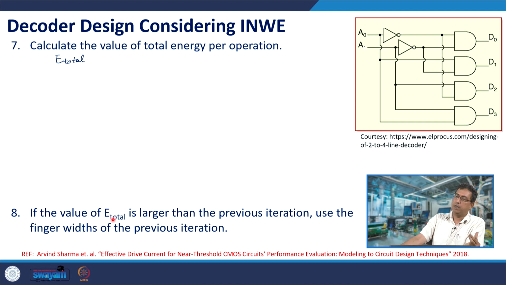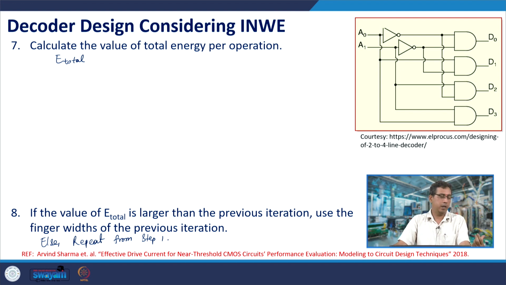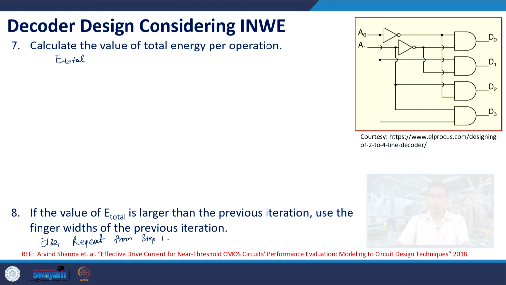Otherwise, we will go for the new value of WFN and then we repeat from step 1. So, we keep on repeating until the total energy per operation is larger than the previous value that was obtained with the previous value of the WFN.